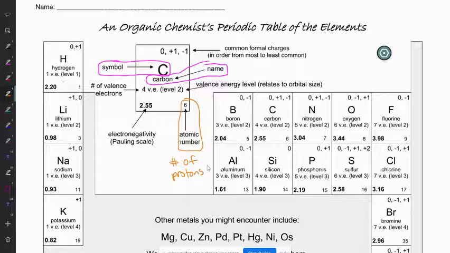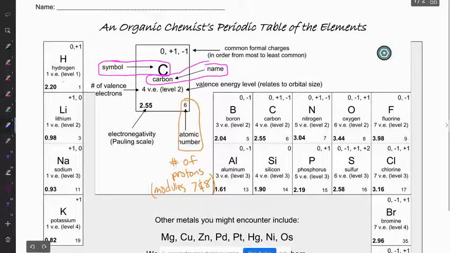But for us, we're very rarely actually going to use this, but it will come up in modules 7 and 8 a little bit. The number of protons is important, but in your first chemistry class, you probably talk more about it than we will here.